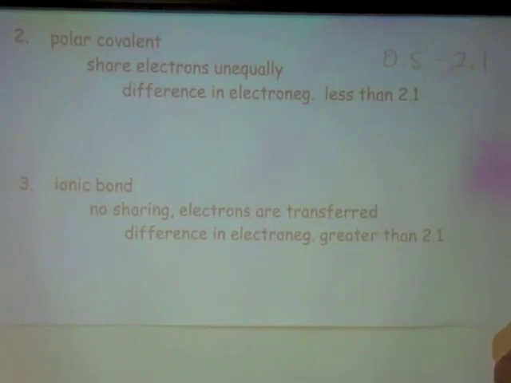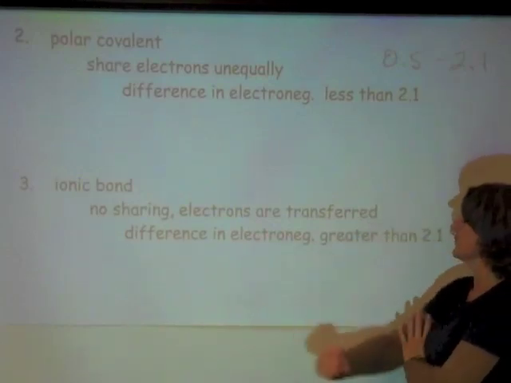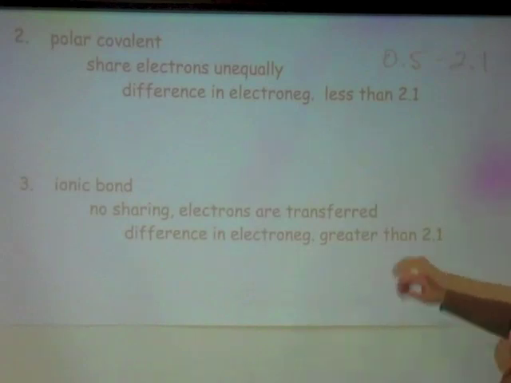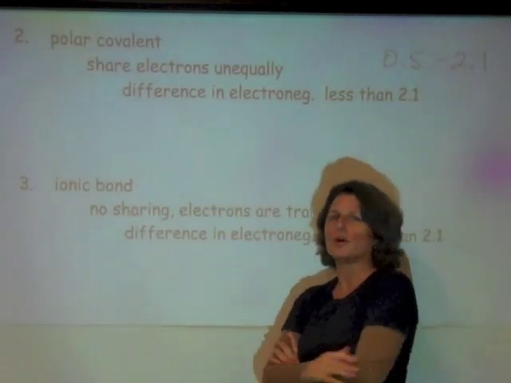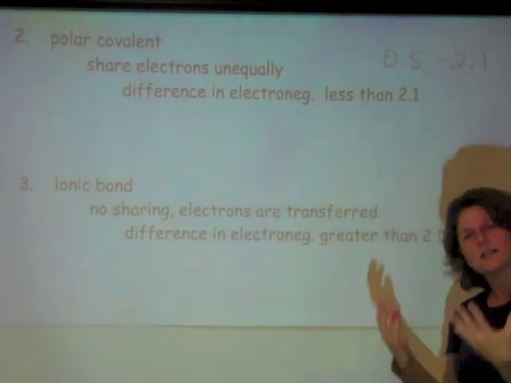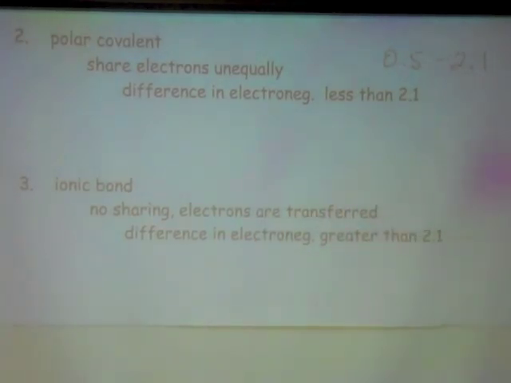And so now we've got a positively charged cation and a negatively charged anion, and that positive and negative hold those things together. So anything that's got a difference in electronegativity of greater than 2.1, we are going to classify as an ionic bond. But, you guys, it's easy. It's metals versus non-metals.